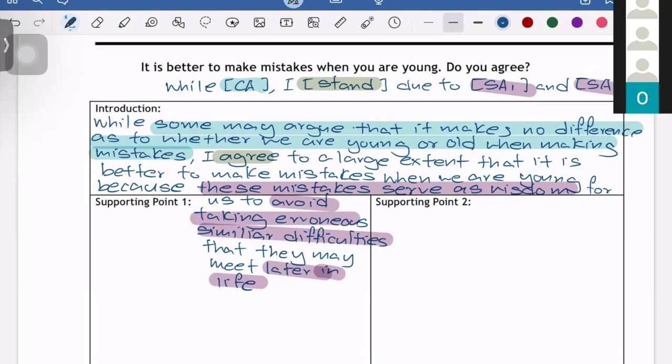This would be a breakdown of your thesis statement. So supporting point 2 is your paragraph 3. Same thing. Focus on your points, elaboration, evidence, and then link back to your point.